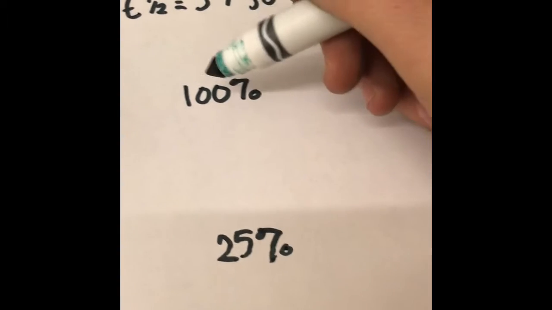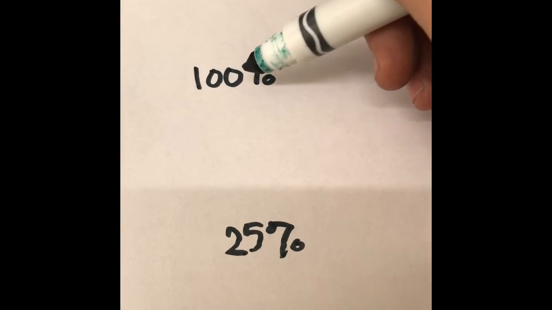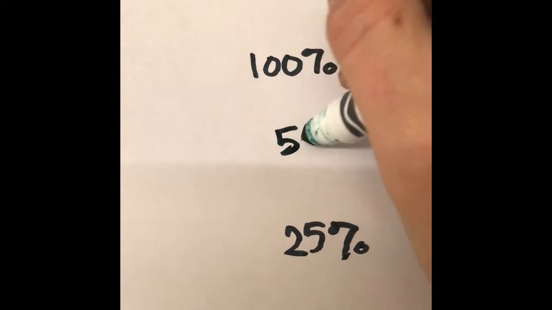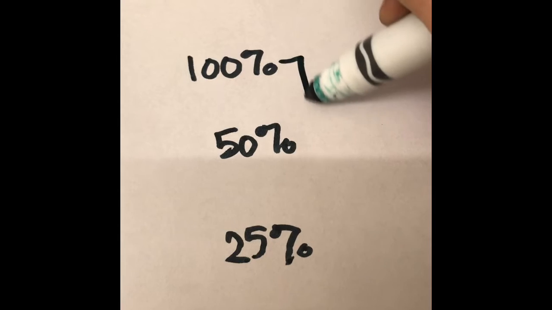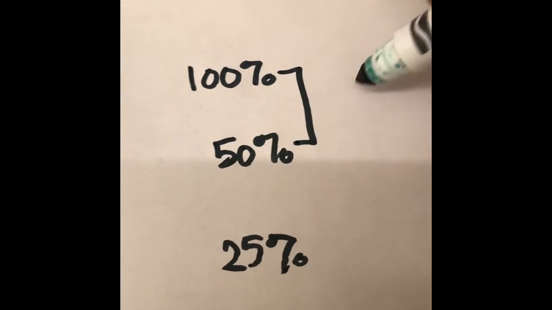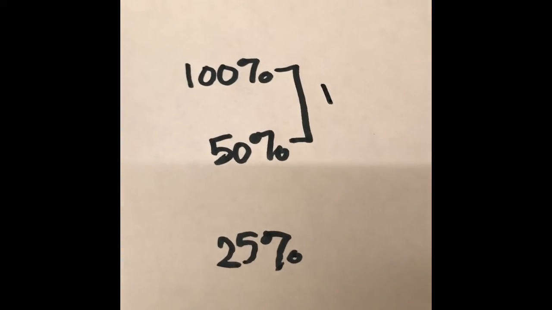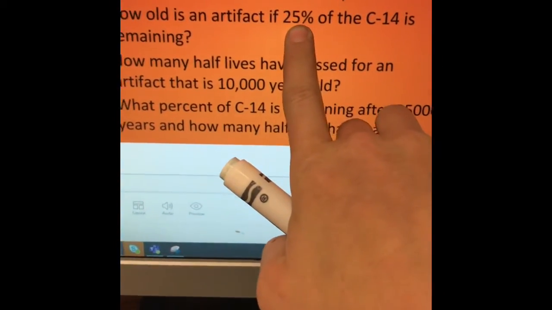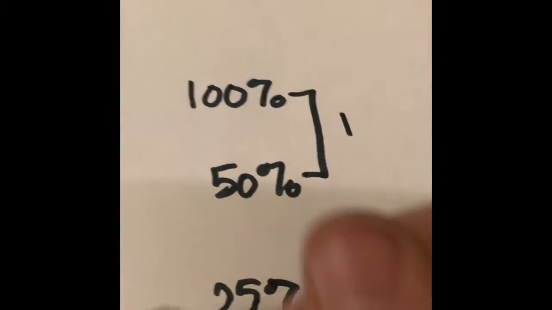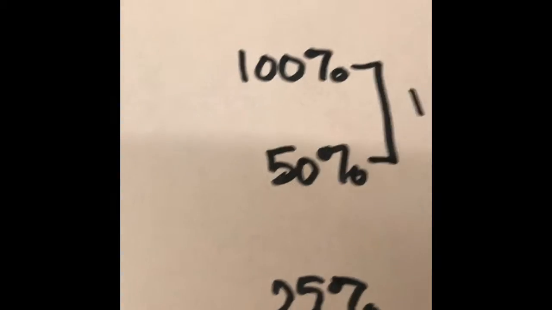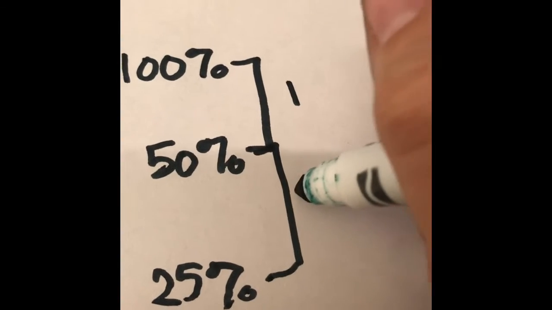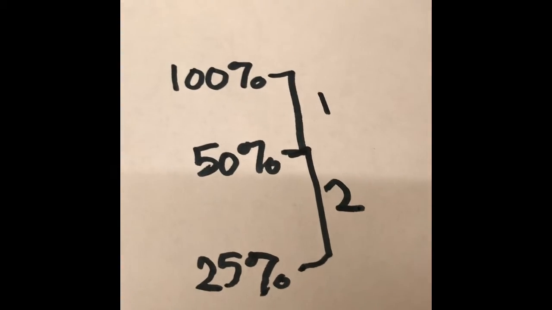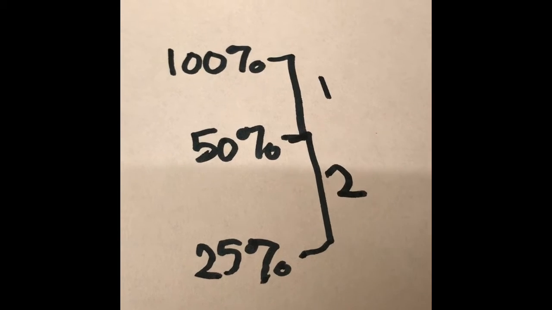Half of 100% is 50%. So when our sample has decayed from 100% to 50%, that's one half-life that's occurred. But we don't have 50% remaining, we have 25% remaining. So what would half of 50% be? If we took half of 50%, that would give us 25%.